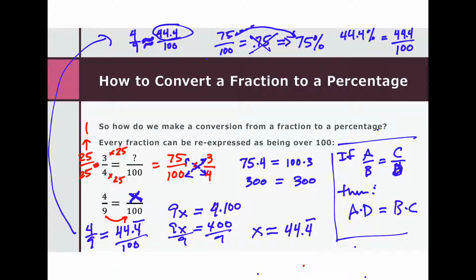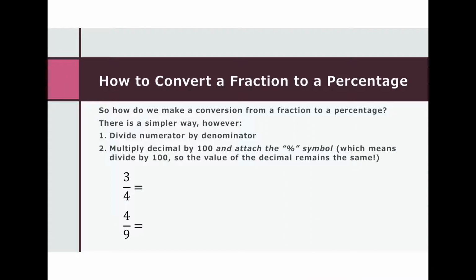Let's look at a kind of easier way to do this. Instead of trying to do it by looking at it from a proportional standpoint, there's a bit of a simpler way we can go from fractional form to decimal form.